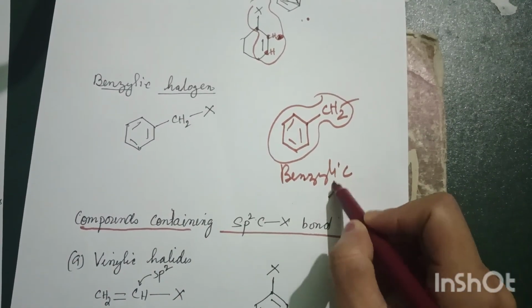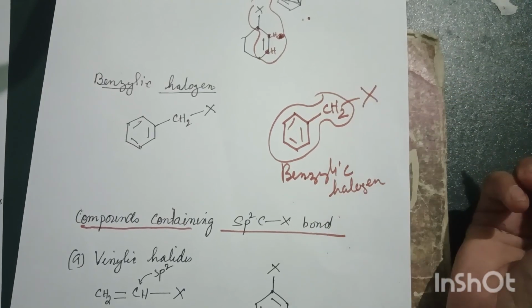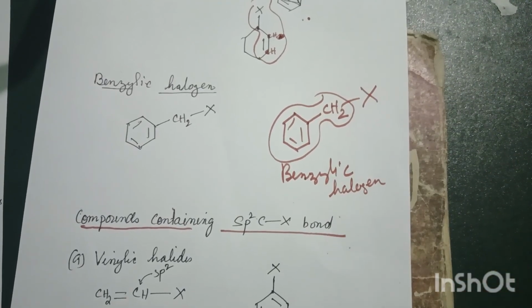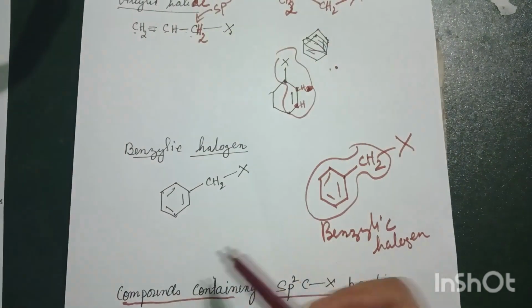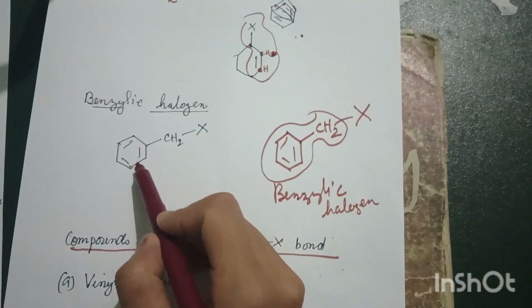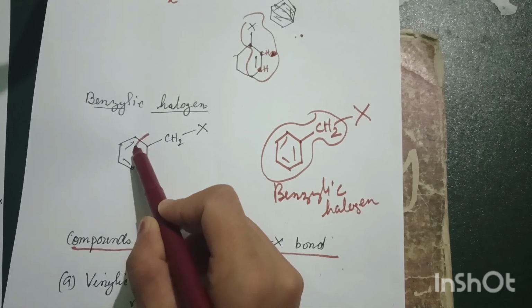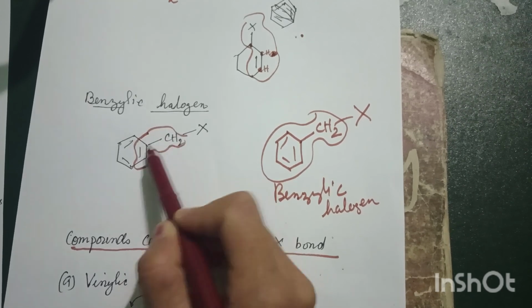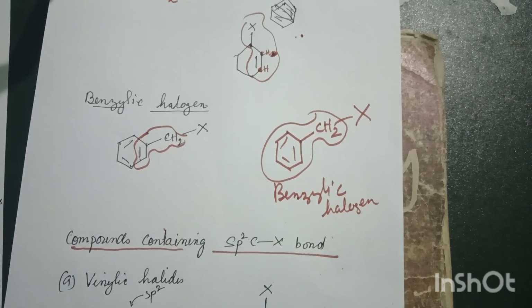So this is your benzylic halogen and this is your allylic. If we ask whether an allylic carbon is present or not, yes, we will say allylic carbon is present because 1 2 3 carbons with a double bond, and the terminal double bond is present.